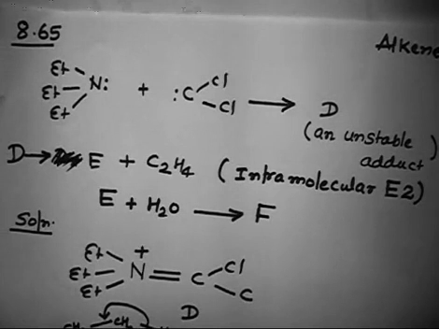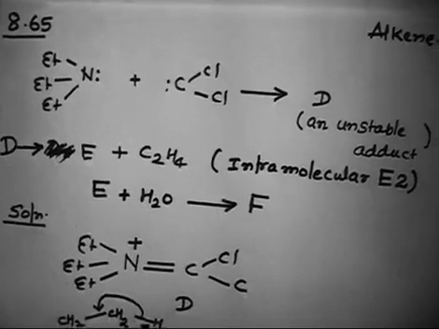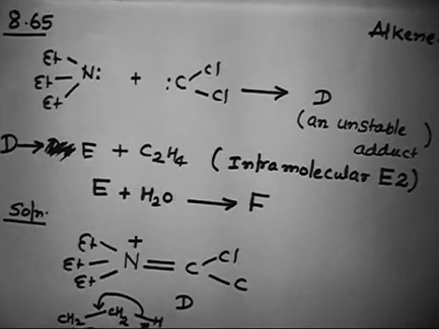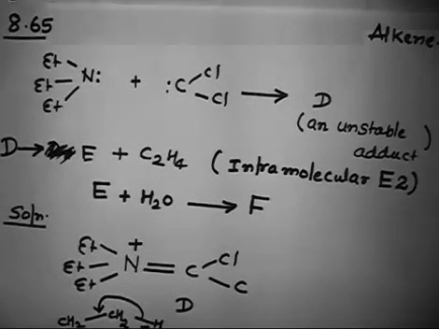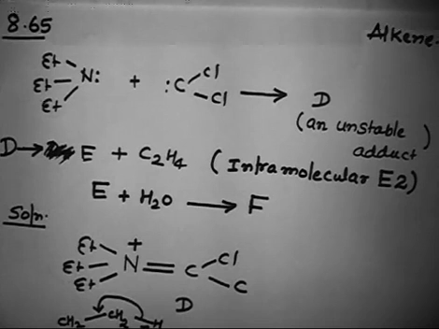This is also given. So basically D dissociates into E plus C2H4. E further reacts with H2O and forms F. You have to write down the product in this reaction.